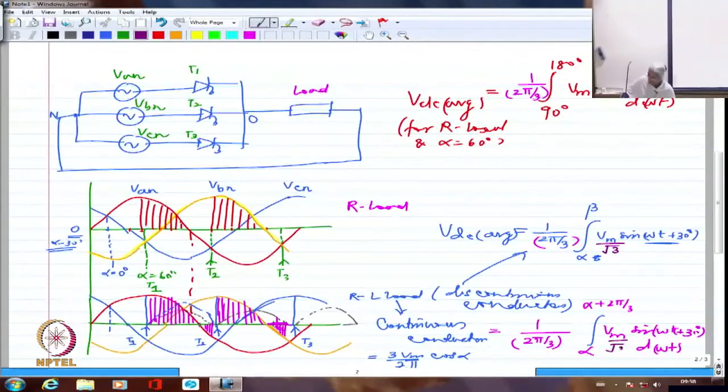So it should be Vm by root 3, but when you derive, it will come out to be 3 Vm by 2 pi cos alpha, where Vm is still line voltage. Thank you so much for pointing out. Yes, that was a mistake. Right. So, again Vm by root 3. Everywhere Vm by root 3.